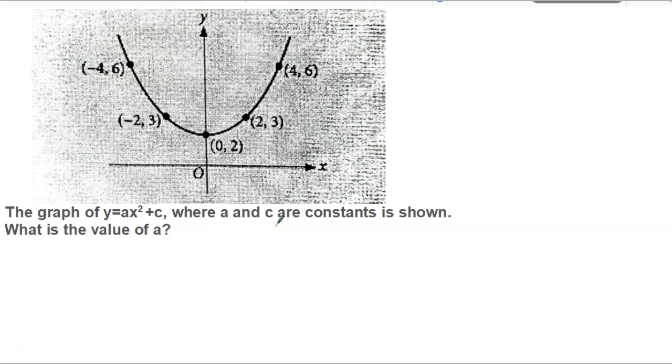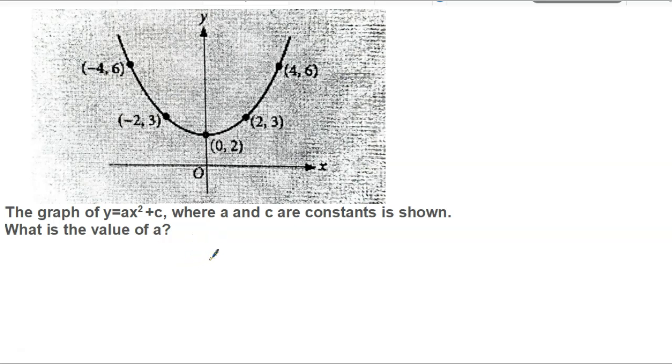Here they didn't specify that this is standard form, so we are going to plug in the points to get our c. If they told us it was standard, then we would have said the c is 2, because that's where it crosses the y-axis.